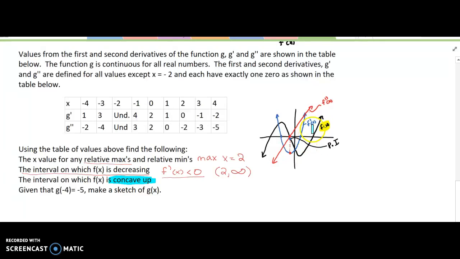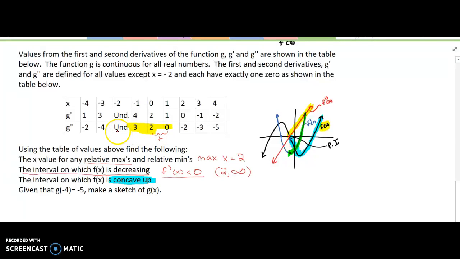We'll look at our original function. We're concave up here, meaning our derivative is climbing or increasing, and our second derivative is positive. So that looks like the easiest one to look for. Let's look for a positive second derivative. Well, here I see positive values. Everything between these 2 points is also going to be positive.